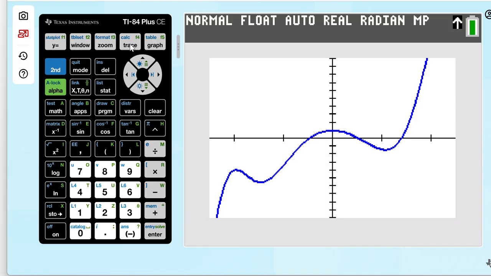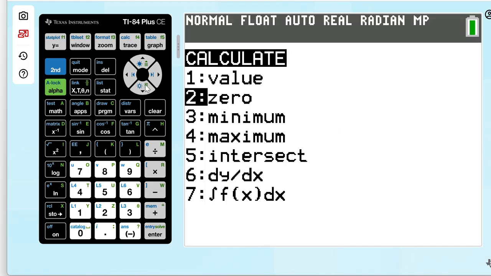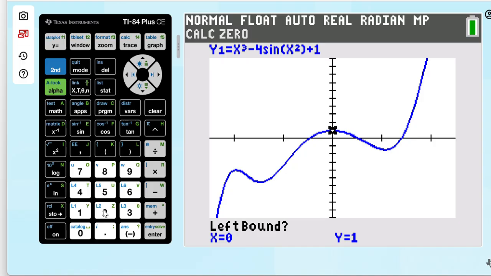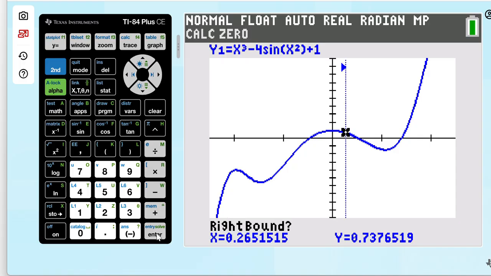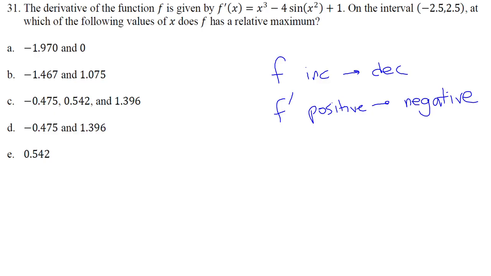So we want to use second, trace, calculate option 2, which is zero, and we want to find the coordinates of that x-intercept. So we go pretty close to it on the left side and hit enter. We go a little past it on the right side and hit enter. We hit enter again, and we get 0.542. So the only place where that happens is at 0.542.